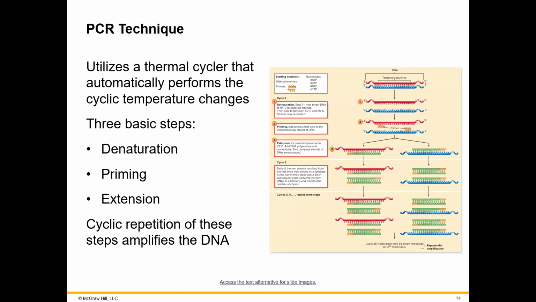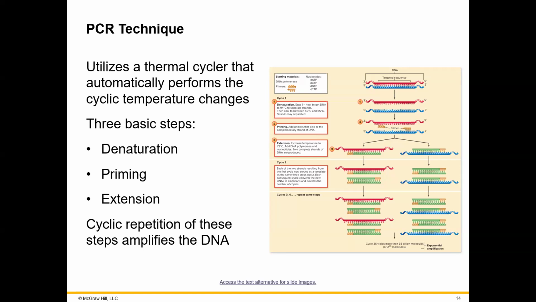So you're going to cool it down a little bit, because you can't add on primers in that heat, since it would separate them. We cool it down so that your primers, which you so carefully designed, can bind on. And then your DNA polymerase can do its work, adding on nucleotides from those primers, the complementary sequence.